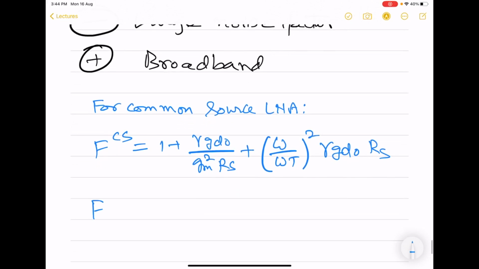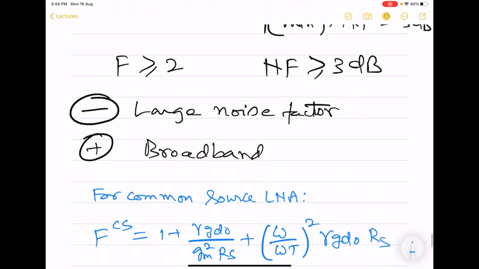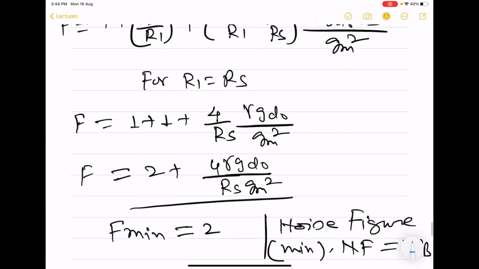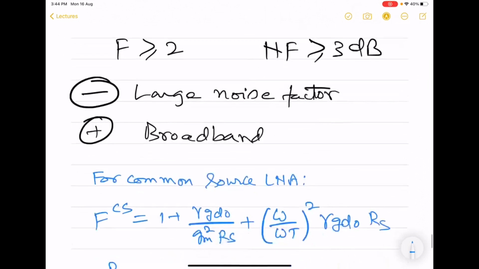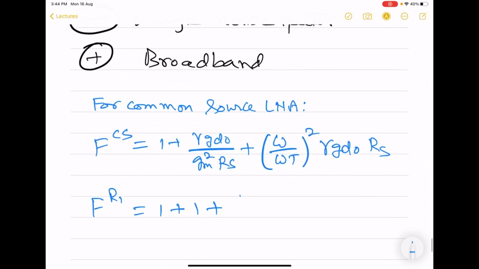Now for this resistively terminated case, what we found was 1 plus 4 RS gamma GD0 by GM whole square.